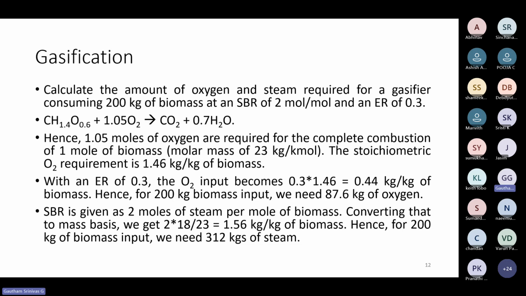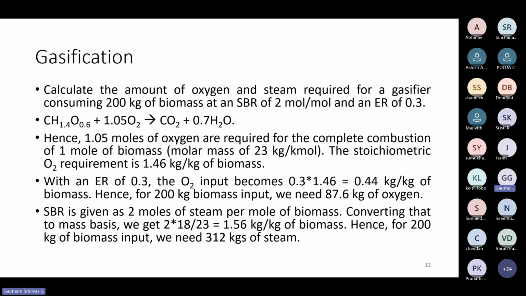Did everyone get this or any doubts? Anyone, please ask, because this is basically it. If you don't get this, you won't be able to do the activity, because this is the fundamental.